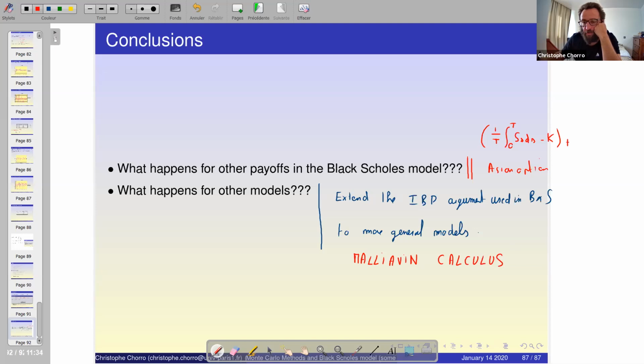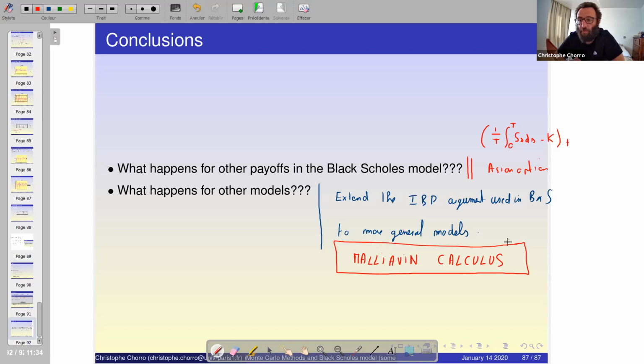The Malliavin calculus will allow us to extend the integration by part argument obtained easily in the case of the Black-Scholes model to more general financial models. So the program for the next three classes will be: I will do maths and only maths, nothing to do with finance.